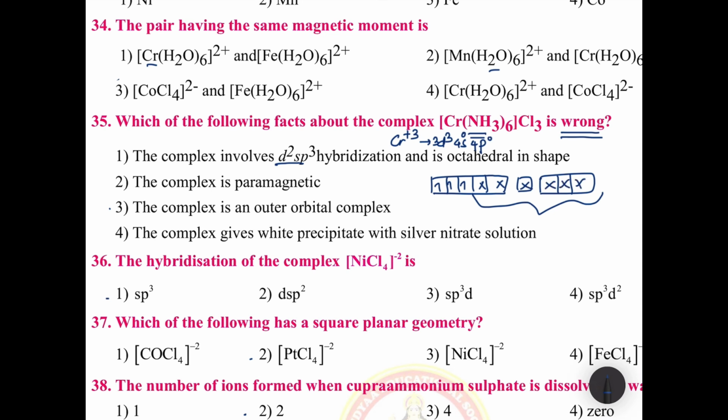All these cross marks are for the 6 ammonias. So d2sp3 is right, octahedral is right, paramagnetic is right because 3 unpaired electrons are there. It's an outer orbital complex is wrong. It is an inner orbital complex. Inside d orbitals are coming in, so this is an inner orbital complex. And it gives precipitate with silver nitrate, definitely, because 3 chlorides are outside, so it is also a right statement. So the wrong one is this one.